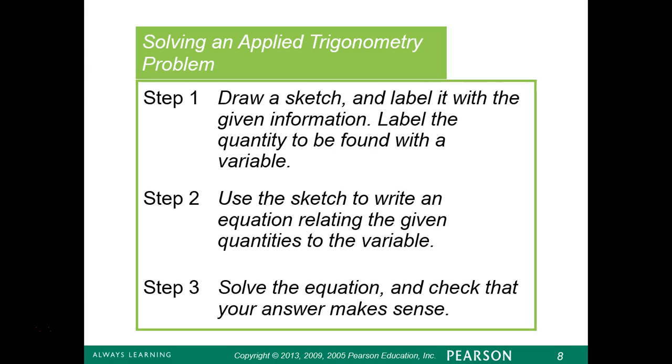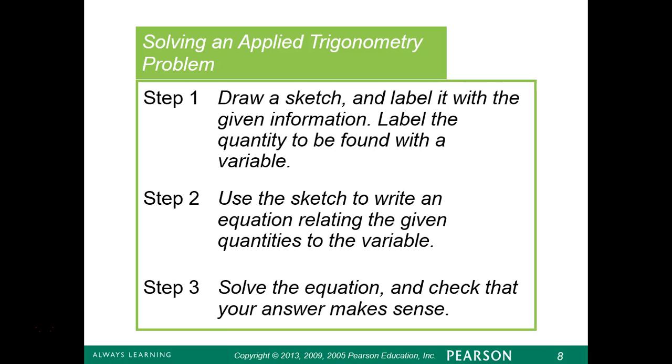So here are the steps I would suggest you do for solving all right triangles. First, draw a sketch and label it with the given information. And then label the quantity to be found with a variable.